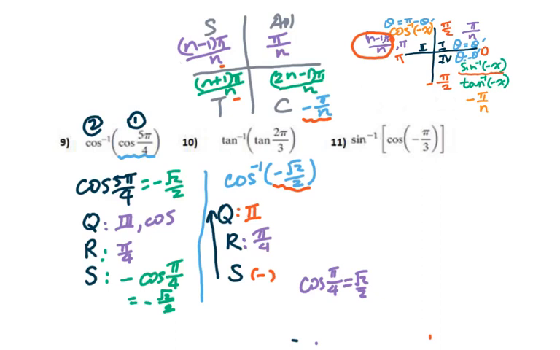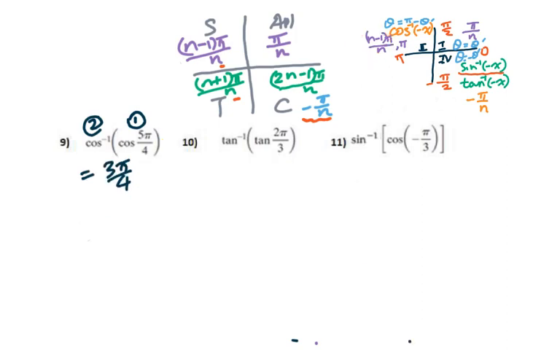Now we go to the second quadrant, n minus 1 pi over n. That's the pattern. That's why we got 3 pi over 4. So the answer will be 3 pi over 4.